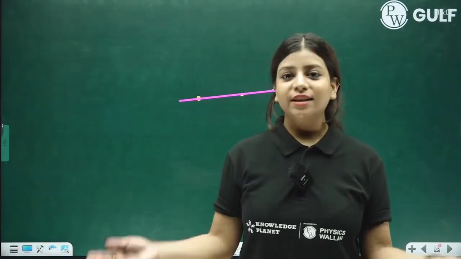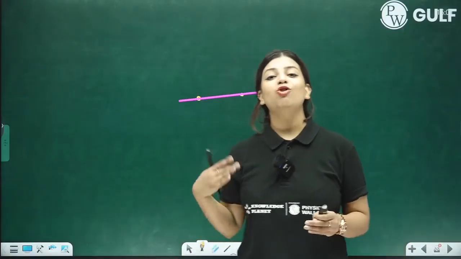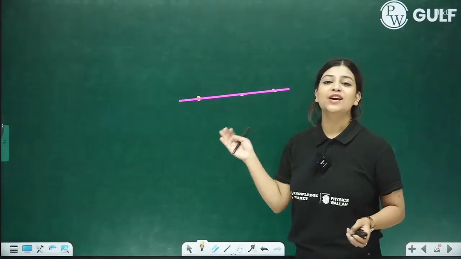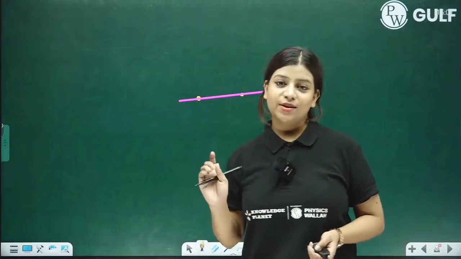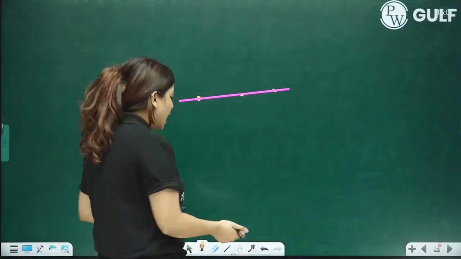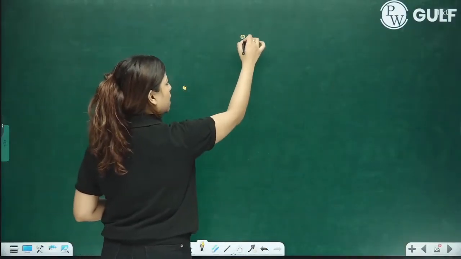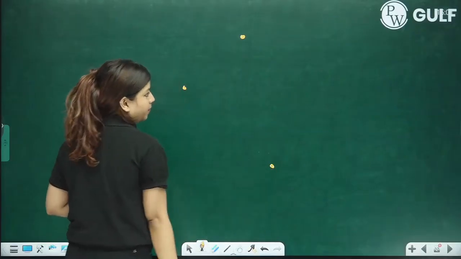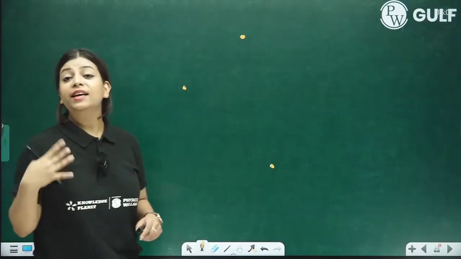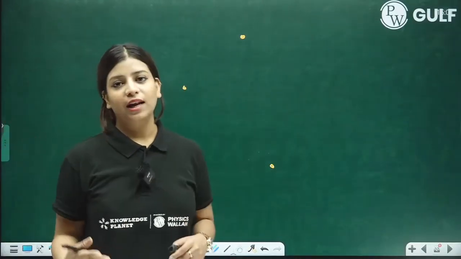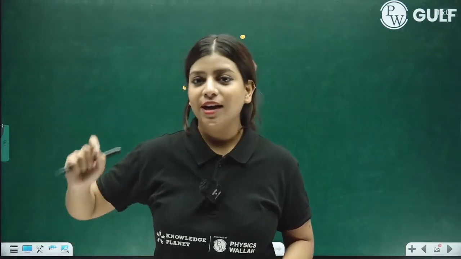But of course, it is understandable that no circle can pass through three collinear points. But if we have three non-collinear points, one here, second here and third here, we can clearly see that these three points are not falling on the same straight line.